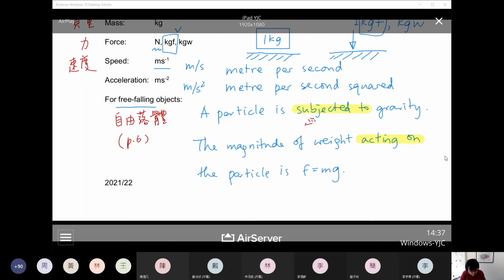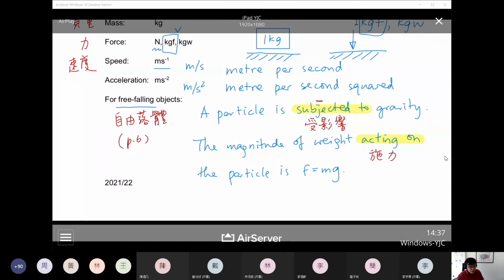Subjected to, with the accent on the second syllable, means influence.